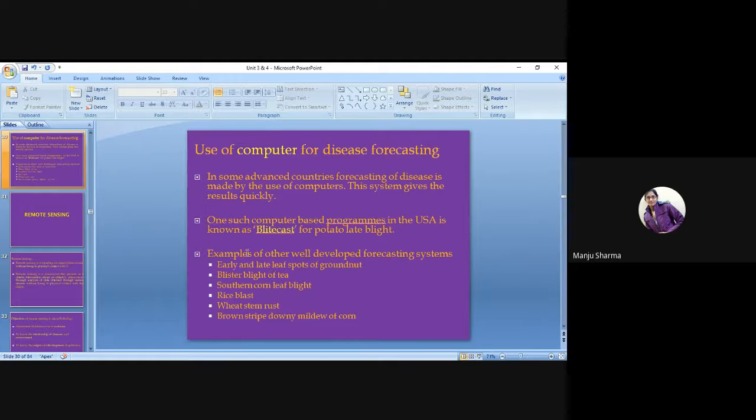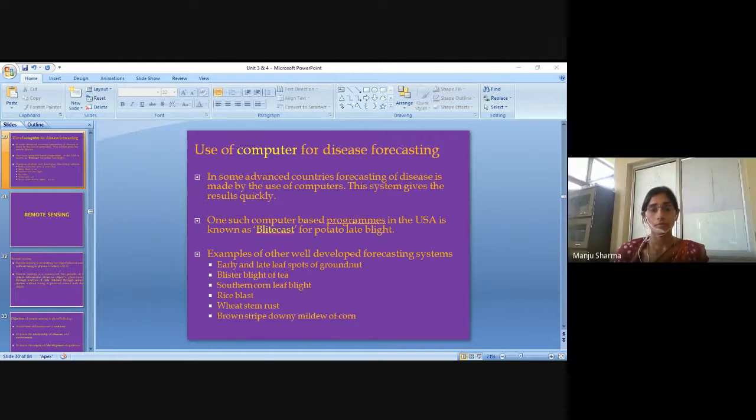Then the use of computer for disease forecasting. In some advanced countries, forecasting of disease is made by the use of computers. This system gives the result quickly.